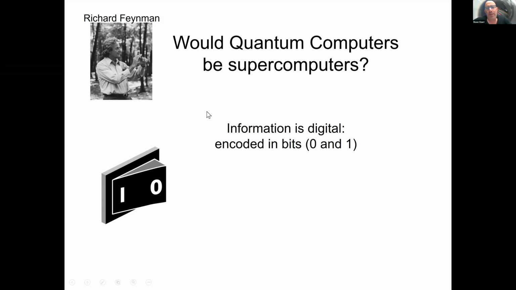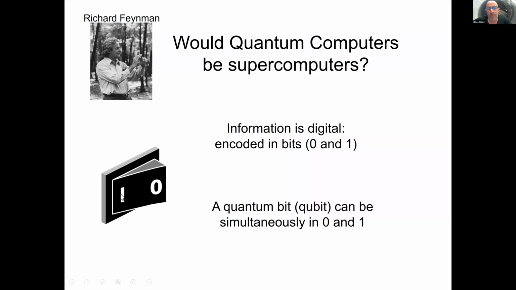He said, look, think of a single bit that we store in a regular computer. A single bit is a physical device which has two states. One state represents 0. The other state would represent 1. A quantum bit would be a quantum system with two states, but now that quantum bit can be simultaneously in 0 and in 1.